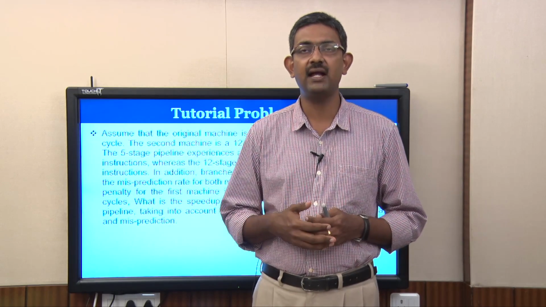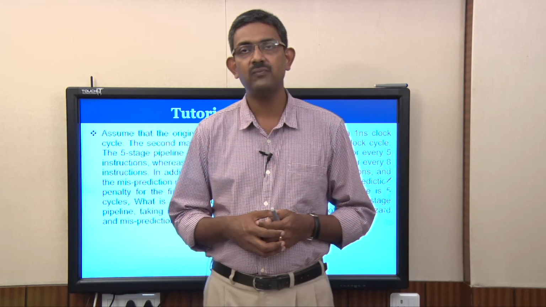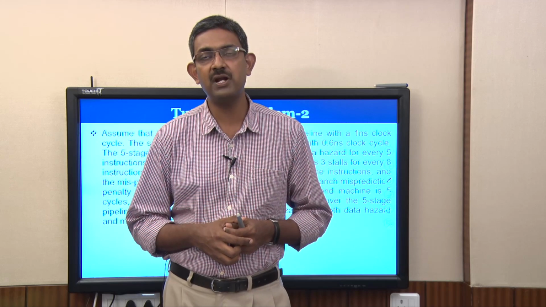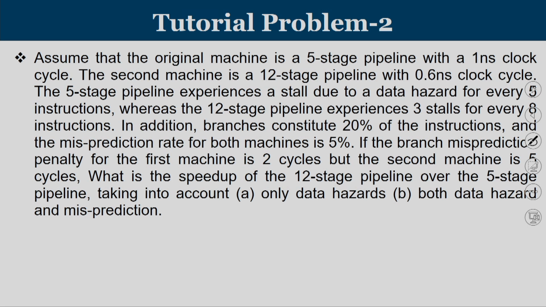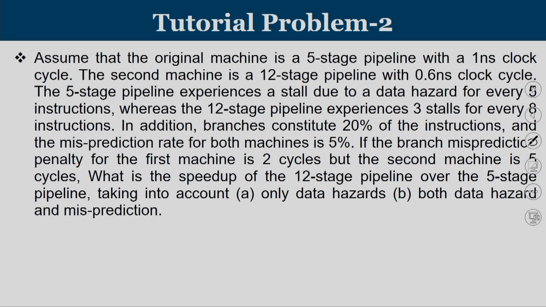So from this we can get CPI, cycles per instruction. Now both the machines, if you go for branch hazards, due to misprediction of branches, they both are going to have some kind of stalls. So we have 20% of the instructions are branches. Now out of the branches, only 5% of them are mispredicted.